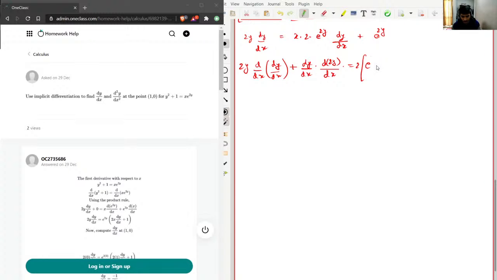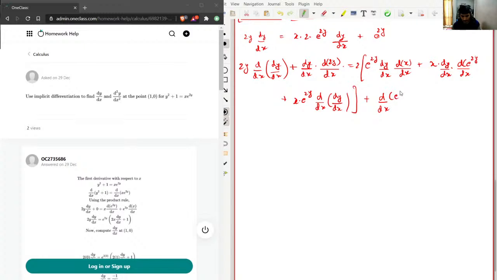It is better to keep 2 outside the differentiation, so e power 2y dy by dx, and this will be dx by dx, plus we'll keep dy by dx and x constant, so x times dy by dx times d dx of e power 2y, plus I'll keep these two constant, so this will be x times e power 2y and the differentiation of dy by dx, d dx of e power 2y.